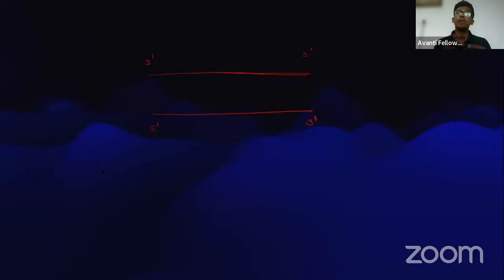Now what happens when the replication starts? The replication happens on both the strands, guys. We have two parent strands, and both are involved in replication. This is a parent strand, this is a parent strand, and this strand helps in synthesis of one daughter strand, and this strand helps in synthesis of another daughter strand.